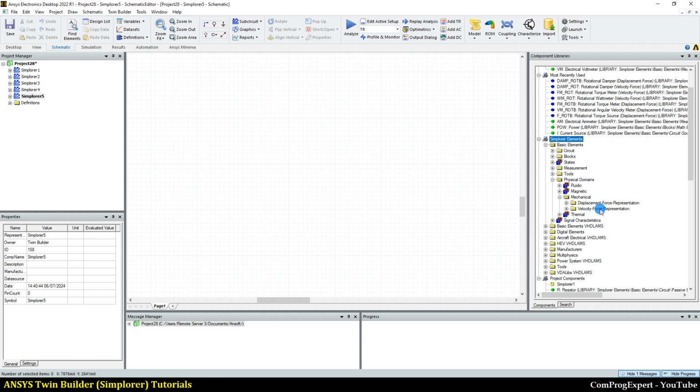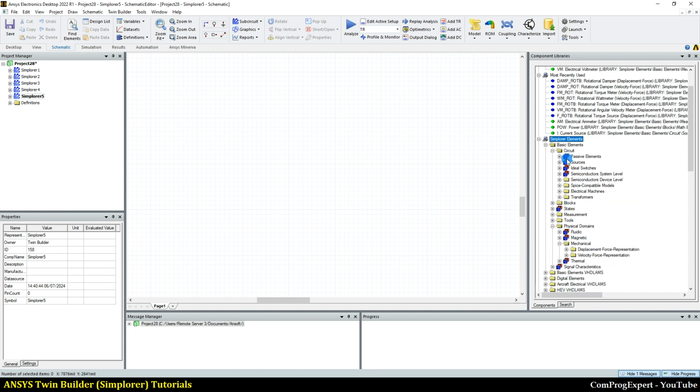For mechanical representations, the force corresponds to the current flow, and we can select velocity or displacement corresponding to voltage. So we have two different representations.